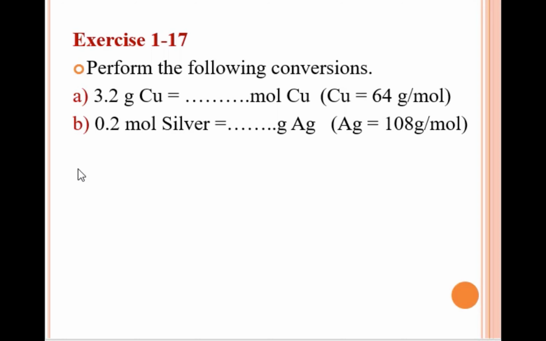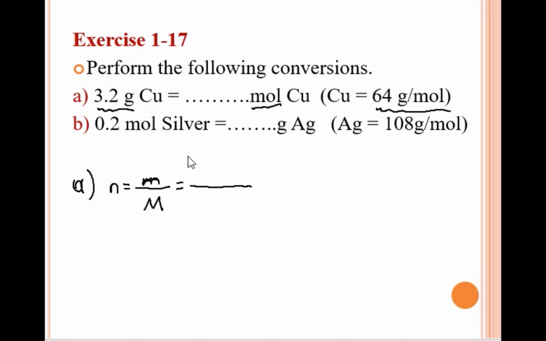There is exercise 117. Perform the following conversions. For the first one, we have the mass and we have the molar mass or atomic mass, and we don't know the mole. To calculate the mole, firstly we have to write the formula. N is equal to small m over big M. Small m is mass and big M is molar mass.